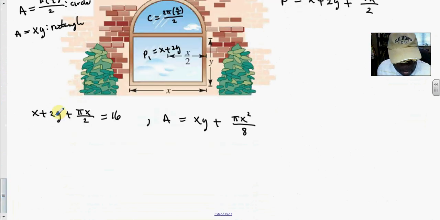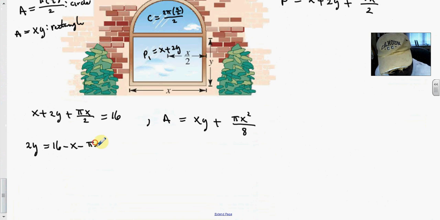Now from here I want to be able to solve for this y, plug y in over there. So let's see. So we have 2y is equal to 16 minus x minus pi x over 2. And so y, let's go this way.